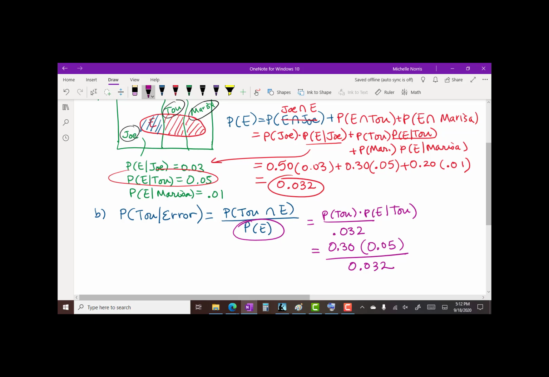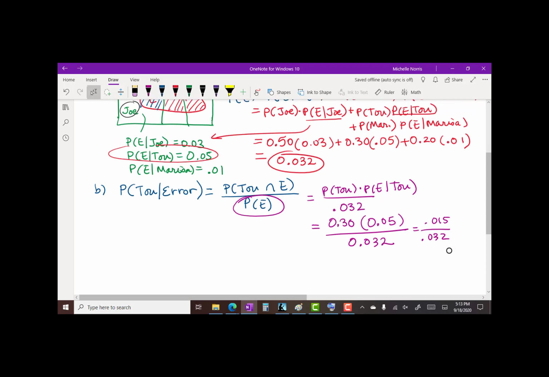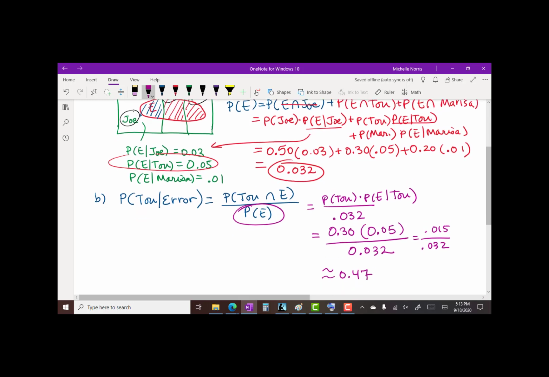If you divide that out, we get 0.3 times 0.05 on the top, which is 0.015, over 0.032. And that is 0.469, approximately 0.47. So given that you know it has an error, there's a 0.47 probability that 2 wrote that line of code.